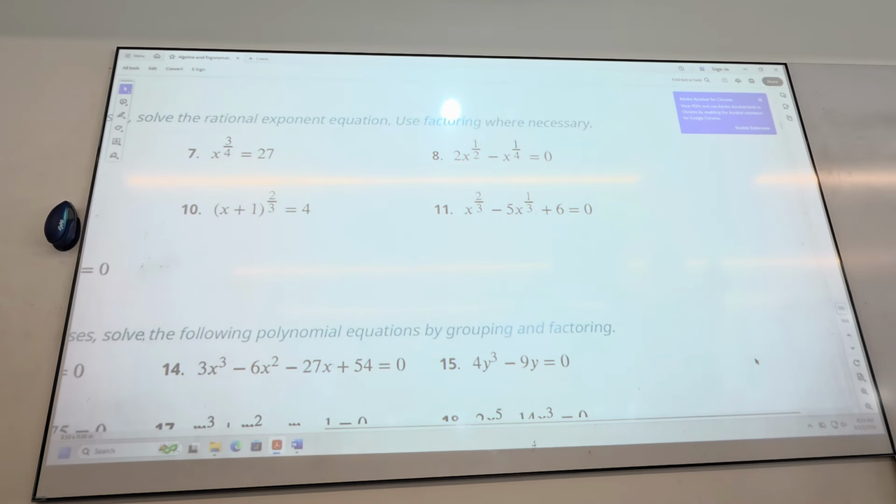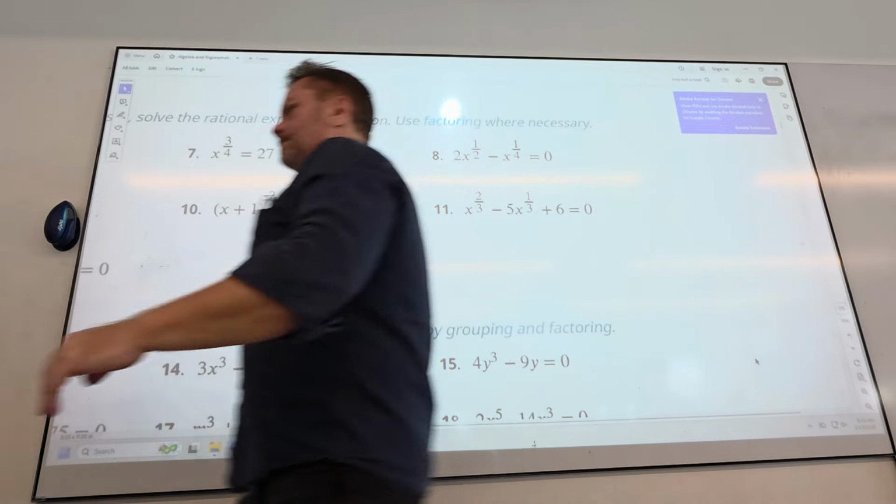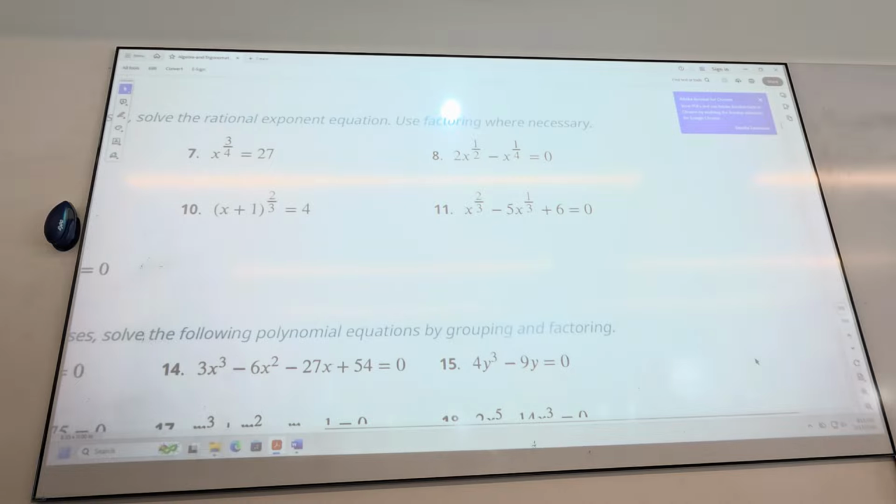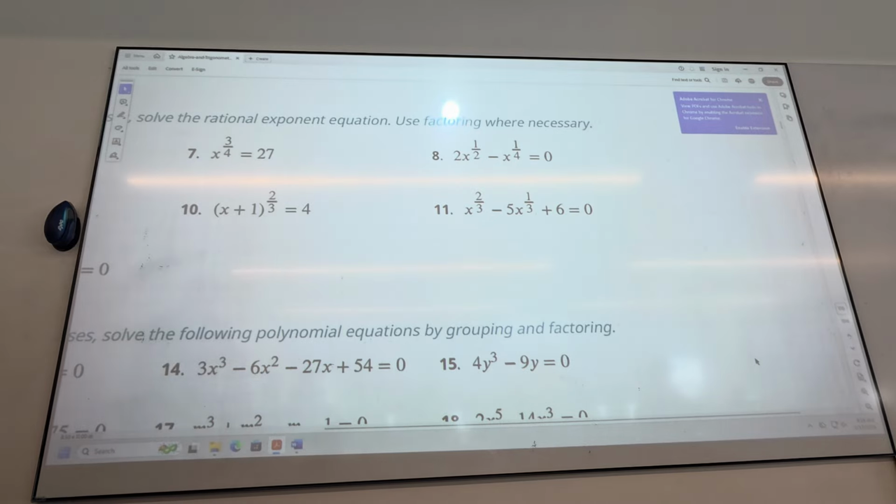What do you normally do when you have three terms, like ax squared plus bx plus c, and you try to factor it? So for example, we'll do it up here.